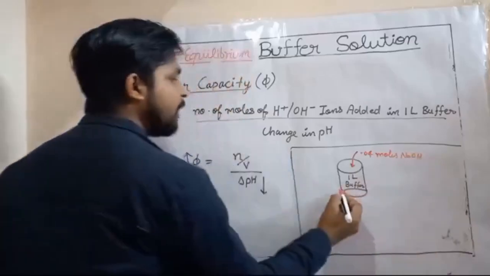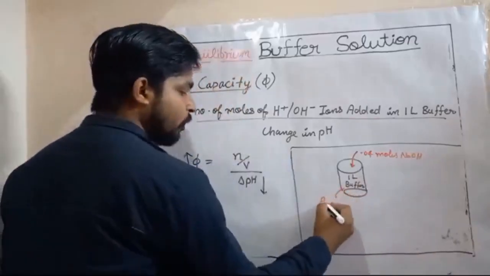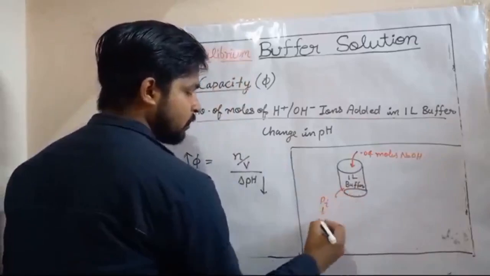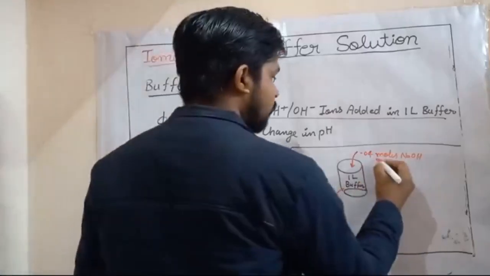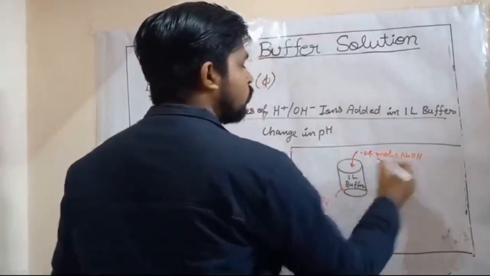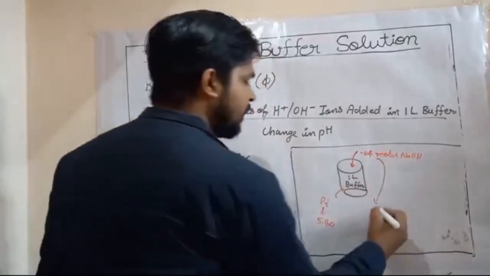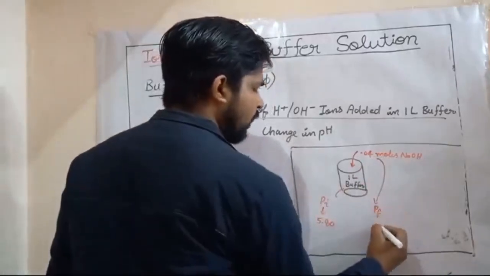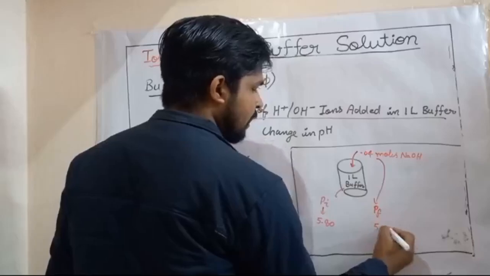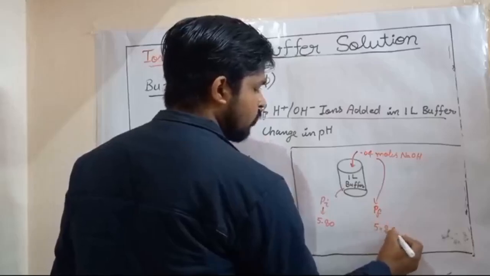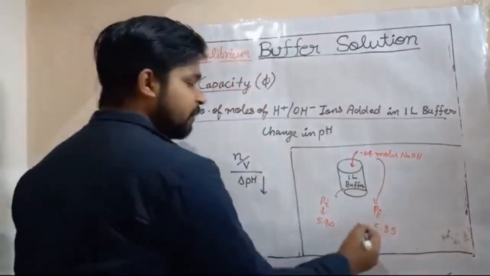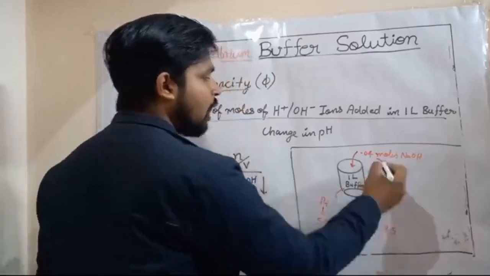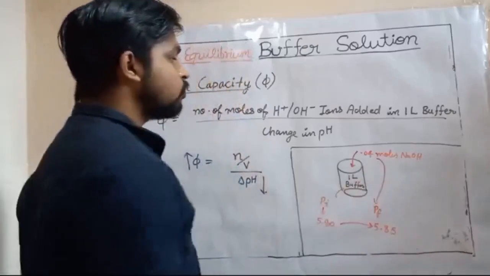If the initial pH of the buffer solution before adding is 5.80, after adding 0.04 mole of NaOH the final pH becomes 5.85. Okay student, so there is a change in pH after adding NaOH in 1 liter of buffer.